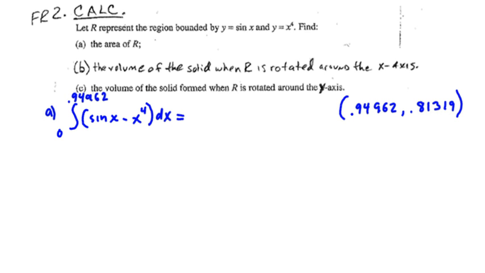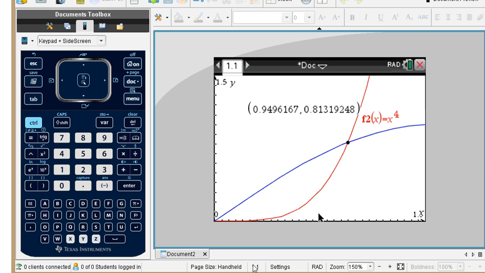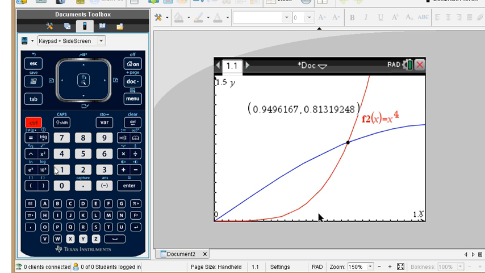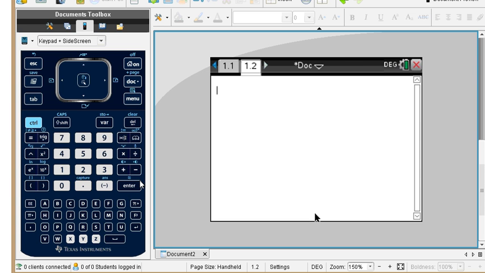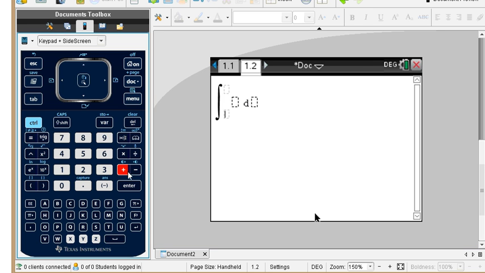All that's remaining to do is go to our calculator, and to get there, what we need to do is get another page and add a calculator. A shortcut to get the definite integral is shift plus sign, and our lower limit of integration is 0.